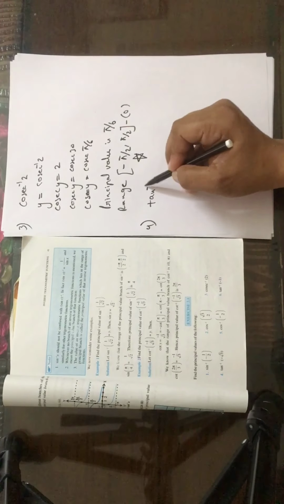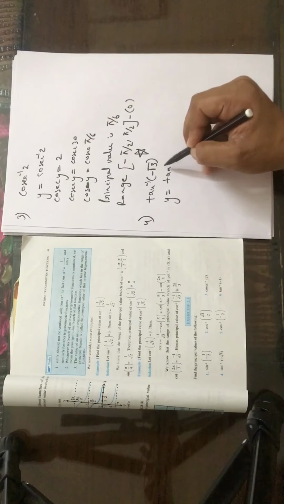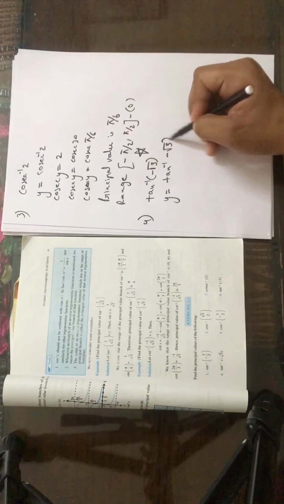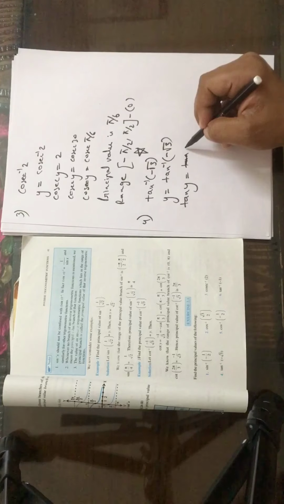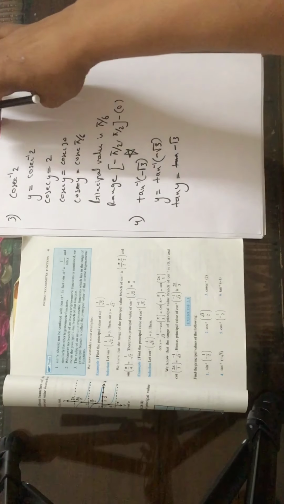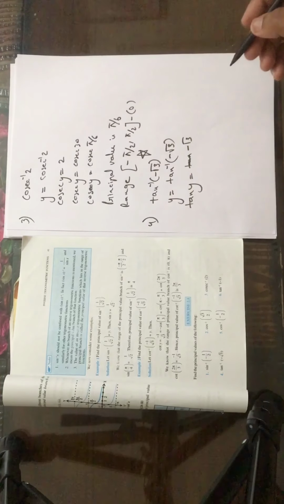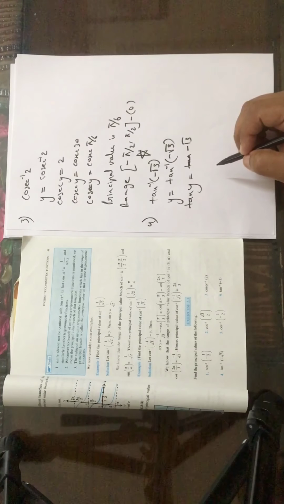The next question says tan inverse of negative root 3. Okay. Follow the same process: y equals tan inverse of negative root 3. So, this gives tan y equals negative root 3. Root 3 comes in tan 60.